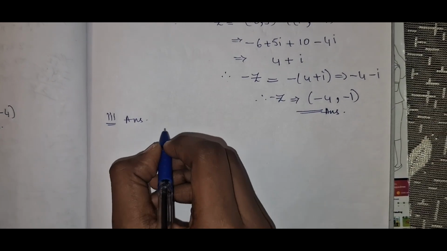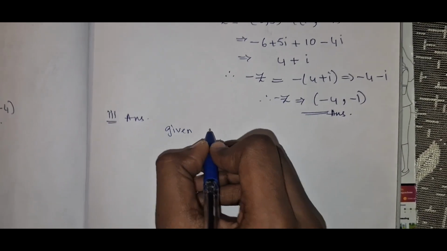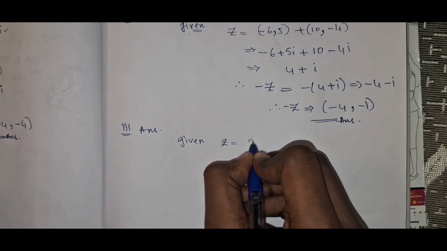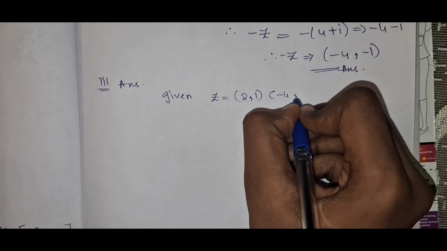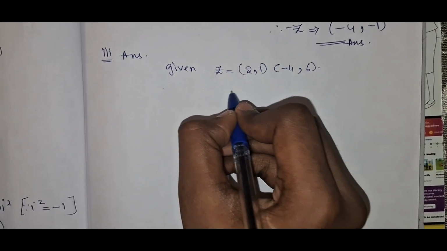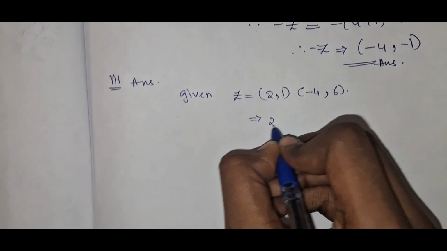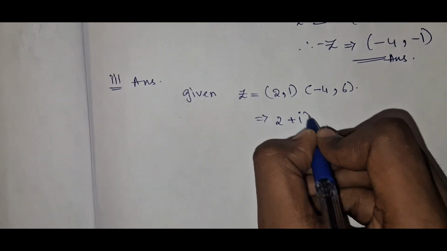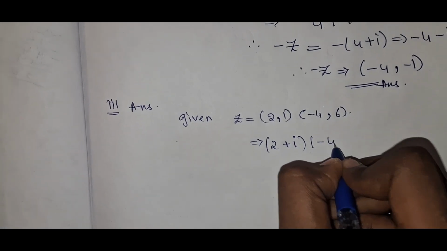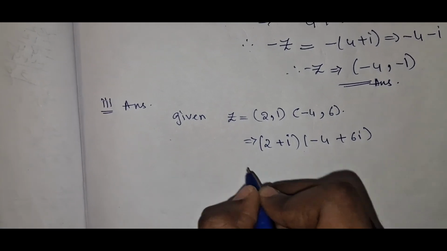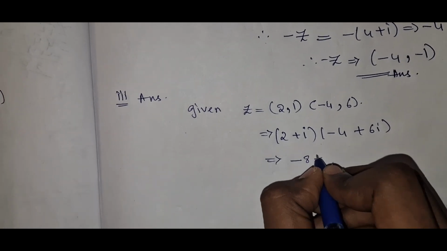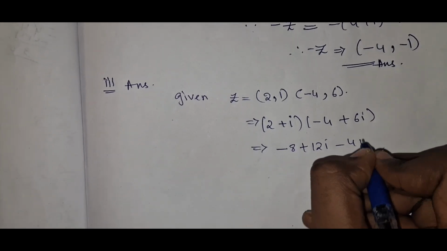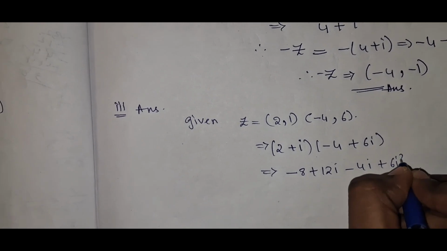Similarly, third question, given z is equal to (2, 1) into (-4, 6). We can write it as 2 plus i into minus 4 plus 6i. Multiplying each term, we get minus 8 plus 12i minus 4i plus 6i square.